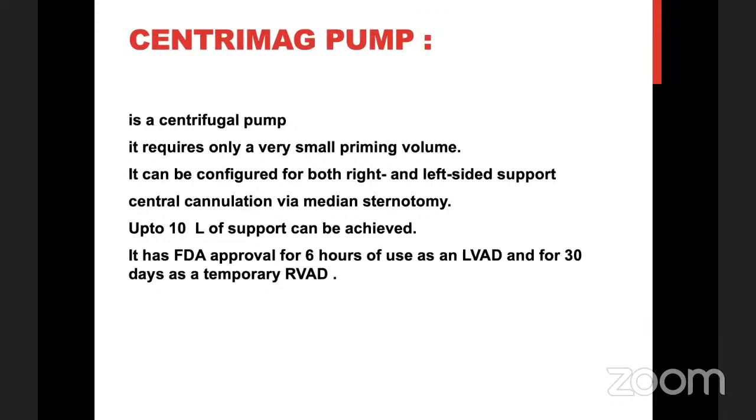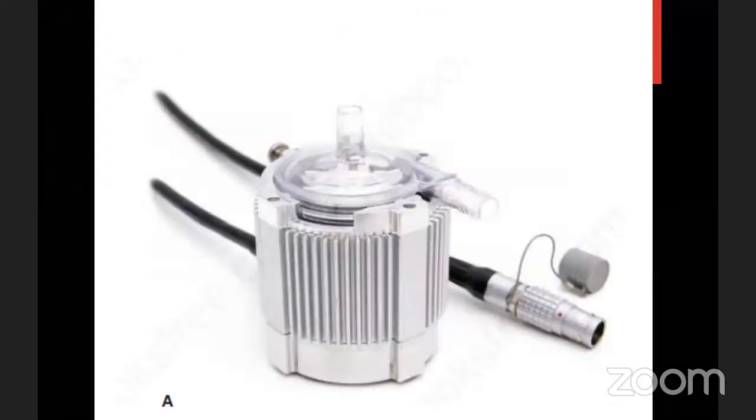The CentriMag pump is a centrifugal pump. It requires only a very small priming volume. It can be configured for both right and left-sided support, with central cannulation through a median sternotomy, and up to 10 liters of support can be achieved. It has FDA approval for 6 hours of use as a left ventricular assist device or for 30 days as a temporary RVAD.